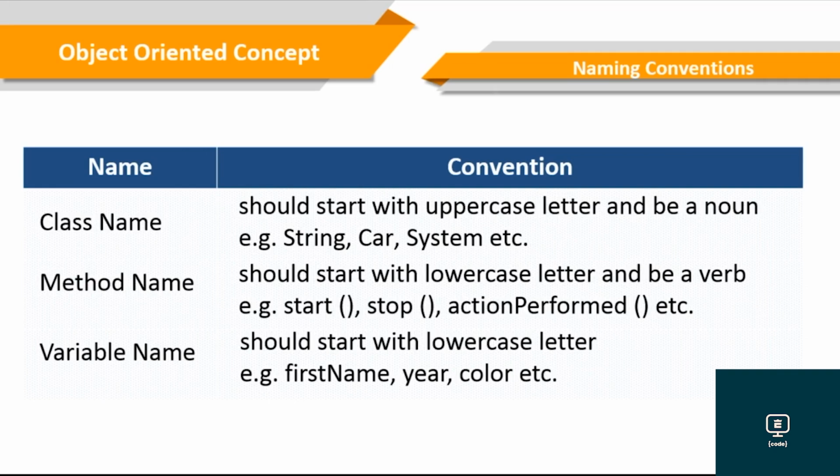By using standard Java naming conventions, you can make your code easier to read for yourself and for other programmers. The readability of a Java program is very important. It indicates that less time is spent on understanding what exactly the code does.